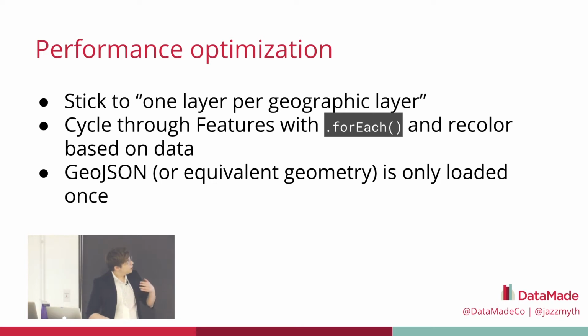Instead of reloading that and making those different layers, which you could do and just add and remove them, you can use GeoJSON to your advantage and cycle through those and instead just update the coloring. That way you only load the geographic data in once, and when you update, it's extremely fast.